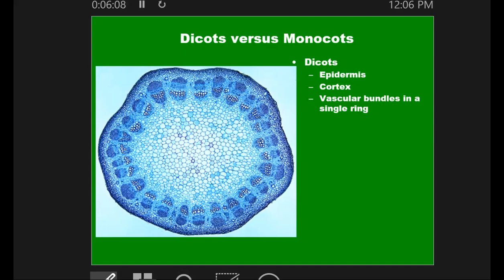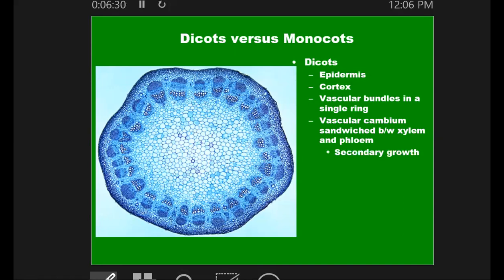Those are bundles, but the overall design is a ring. So in between the xylem and the phloem of this image is where you'll find the vascular cambium. That's something else you need to think about as you're looking at these, especially under the microscope.